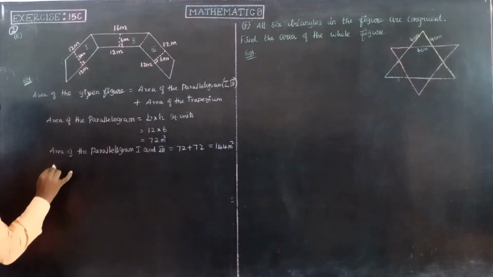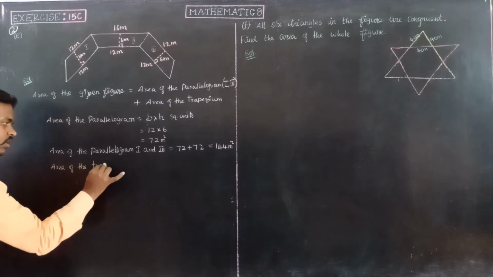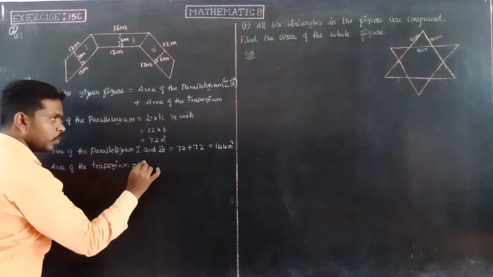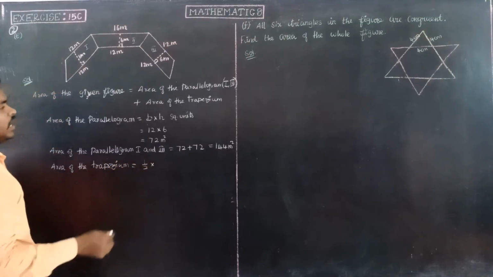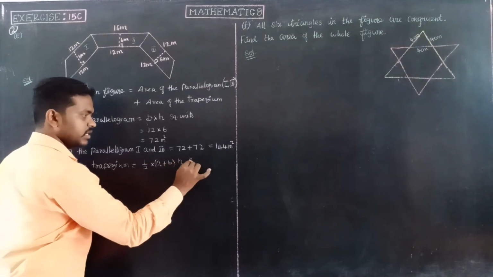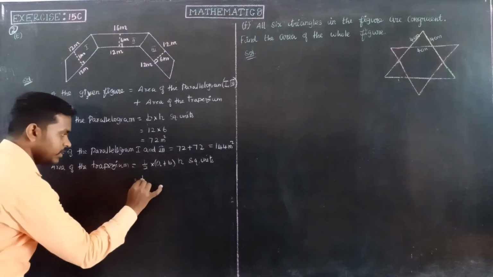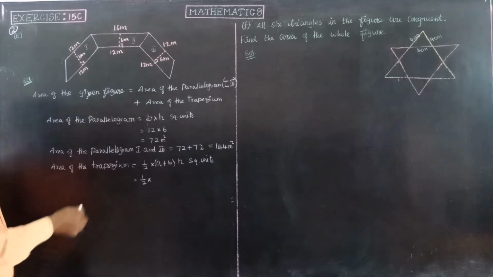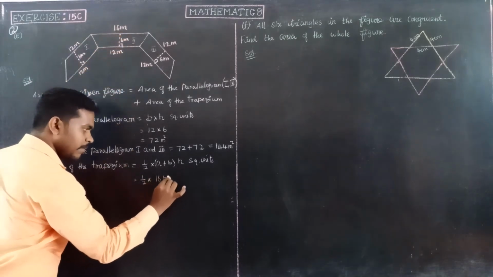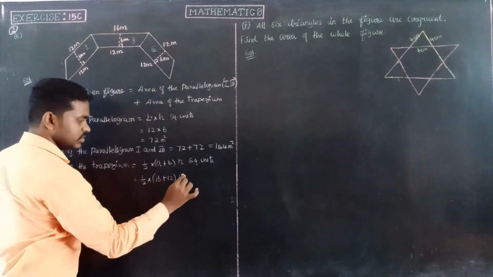Now I find the area of the trapezium. The area of the trapezium is equal to 1 by 2 into (a plus b) into height, square units. The parallel sides of the trapezium are 16 and 12, and the height is 6.